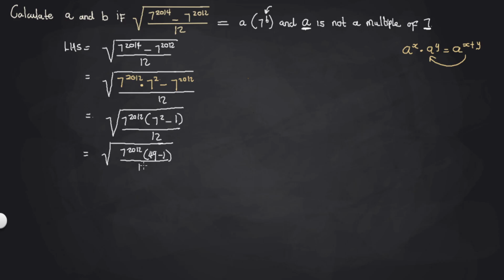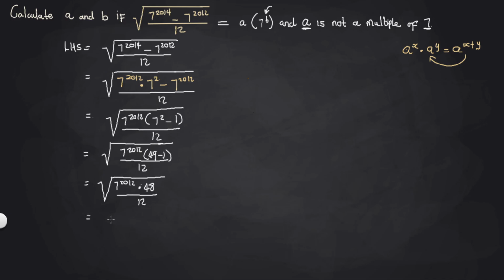divided by 12 is equal to the square root of 7^2012 multiplied by 49 minus 1, that's 48, everything divided by 12. So 48 divided by 12, I can divide those 2 numbers, I end up with 4.